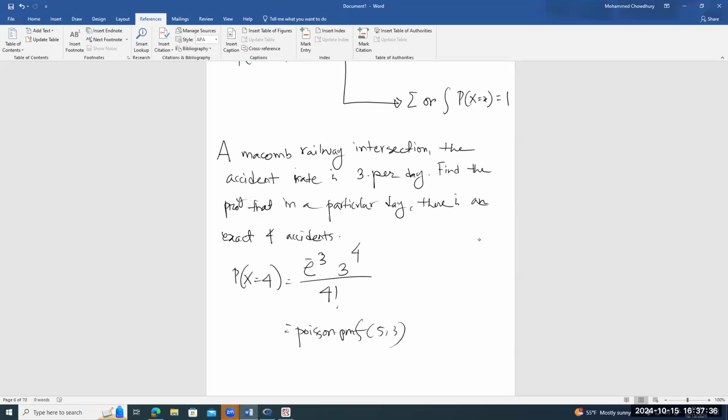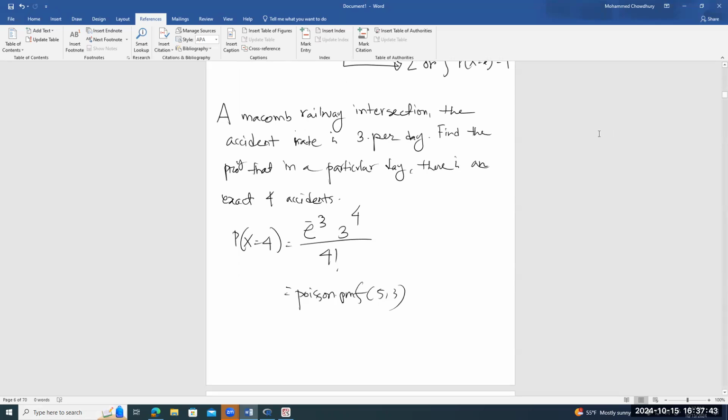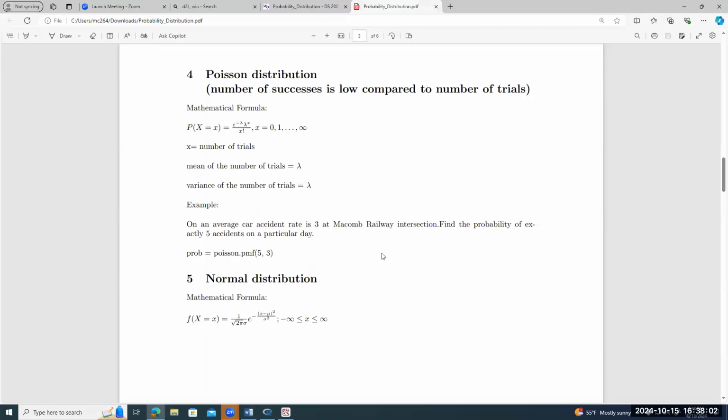Clear, right? Okay. So far I have discussed how many probability distributions? 4. Yes. Something is not working.